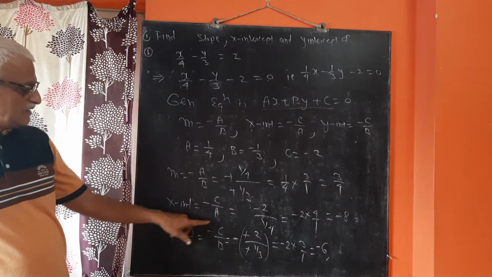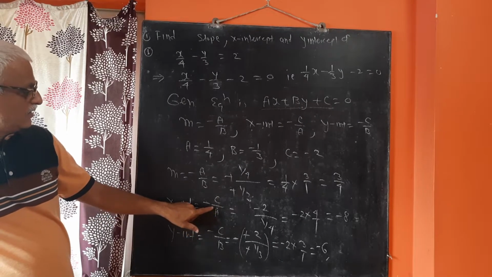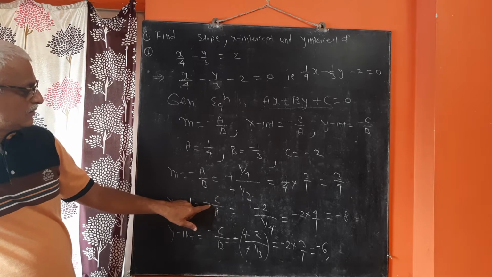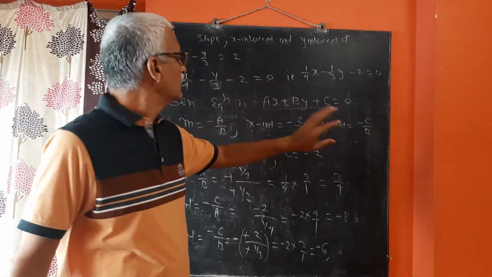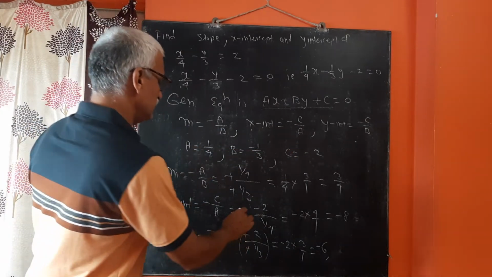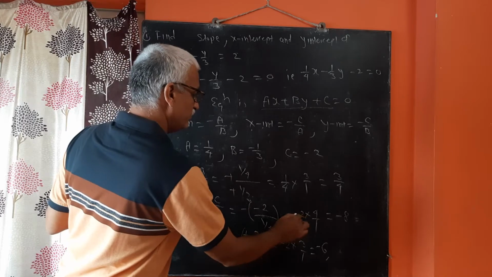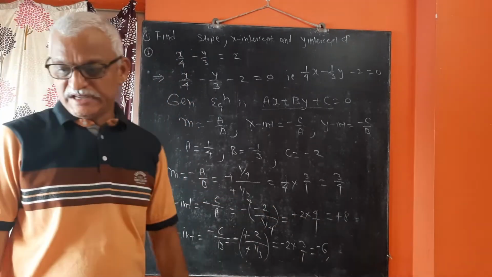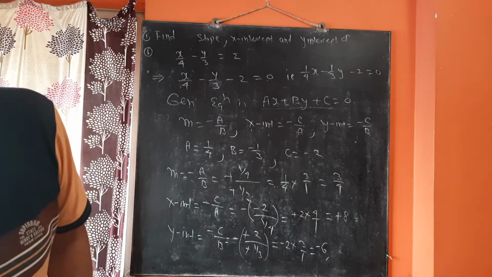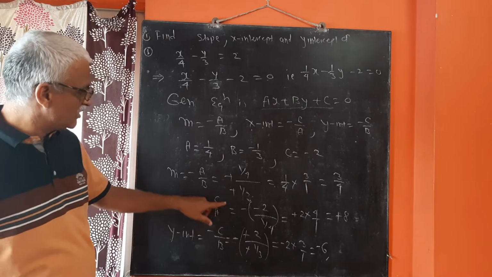So minus C upon A, C is minus 2. So that is again minus of minus 2. Minus of minus is plus. So this will be plus 8. X-intercept is 8 and Y-intercept is minus 6.